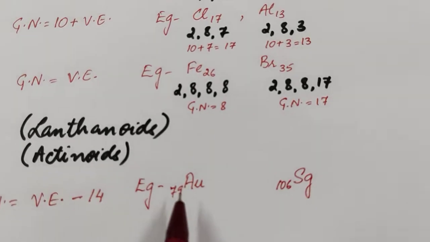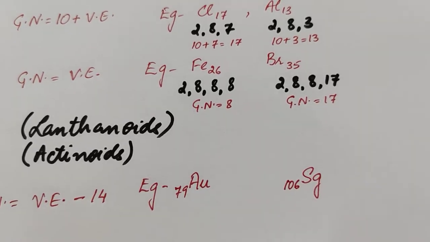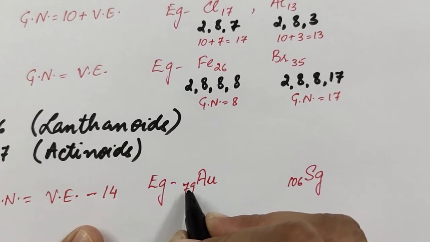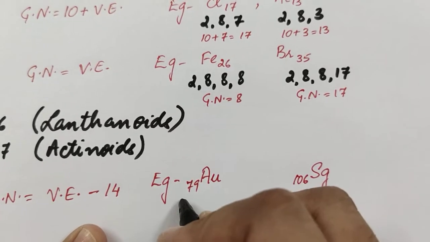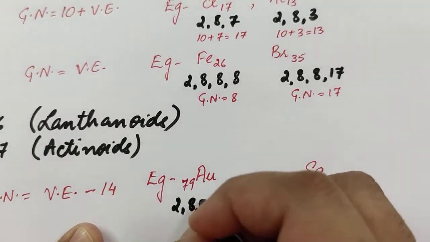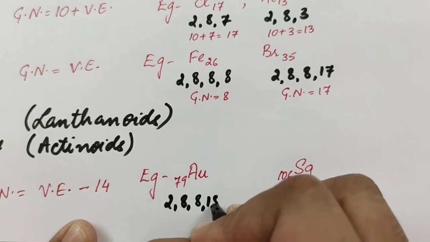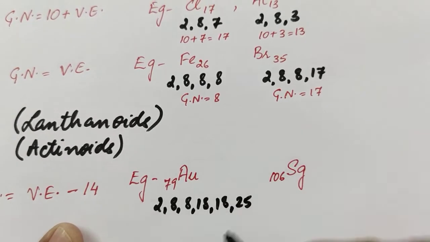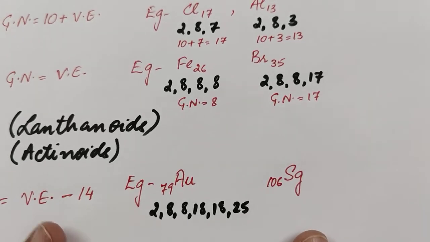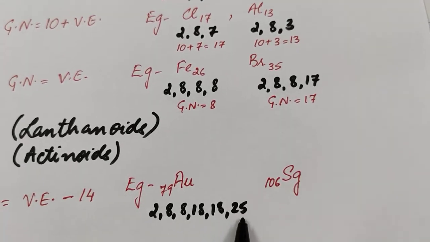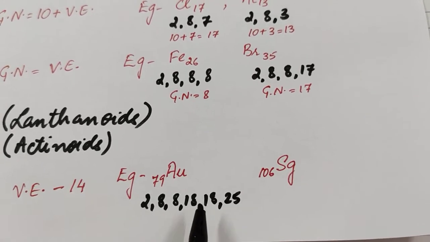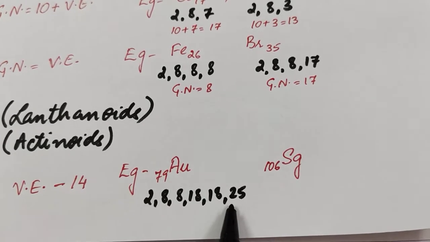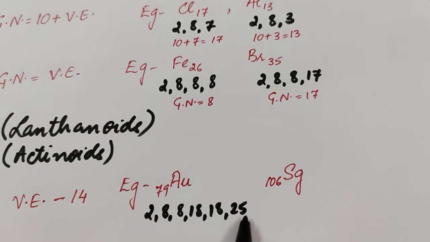Okay, so for gold, if I write the electronic configuration, that means the number of electrons should come up to 79. It will be 2, 8, 8, 18, 18, 25. Since here we were supposed to fill 32 electrons, but only 25 electrons are left for gold in the last shell, its valence electron will be 25.